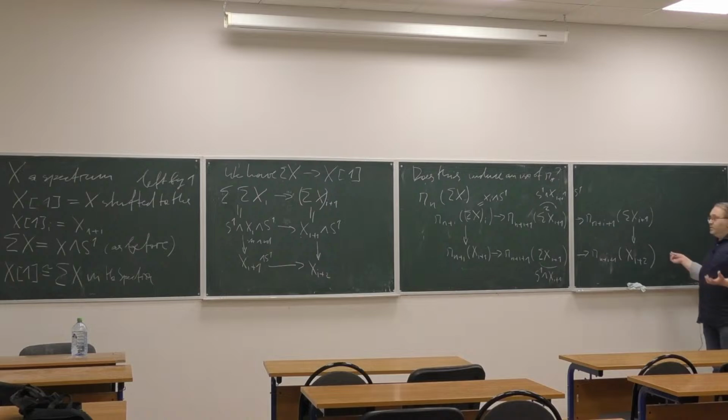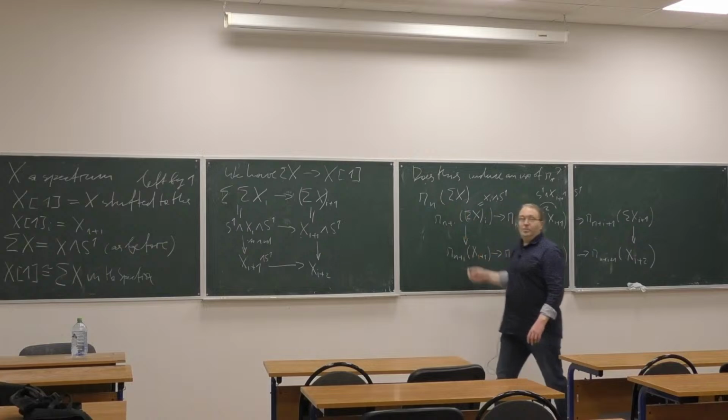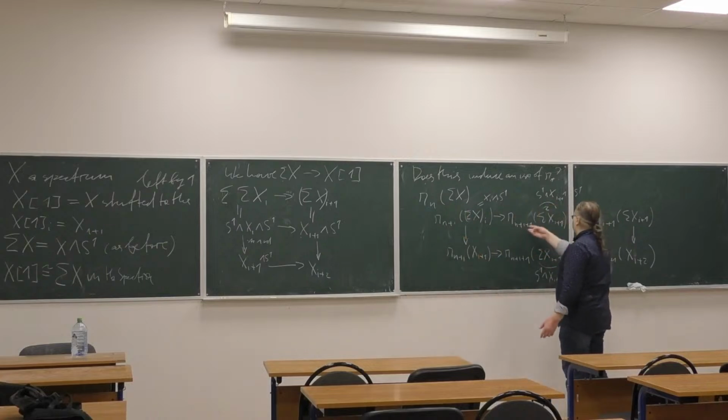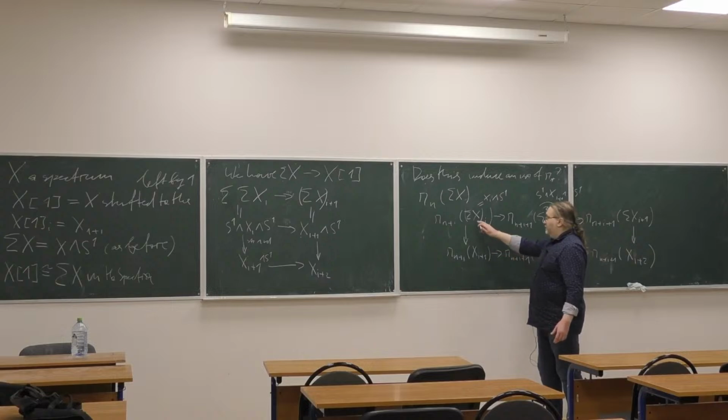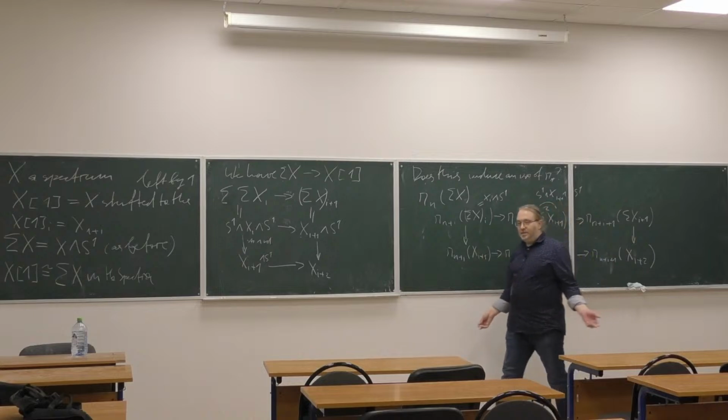If it does commute, then this shows that the answer to the question is yes, because basically the homotopy groups are the direct limit of these maps on the one hand and of these maps on the other hand.